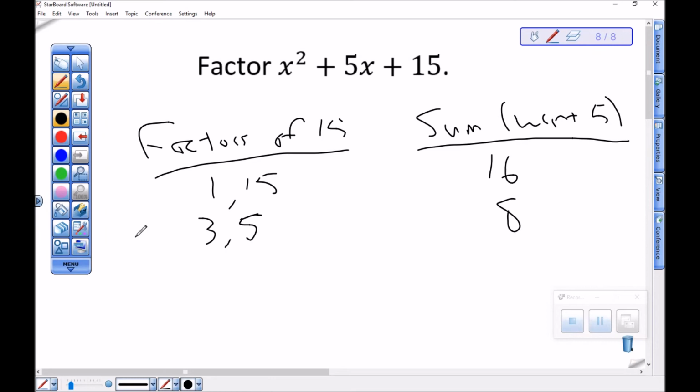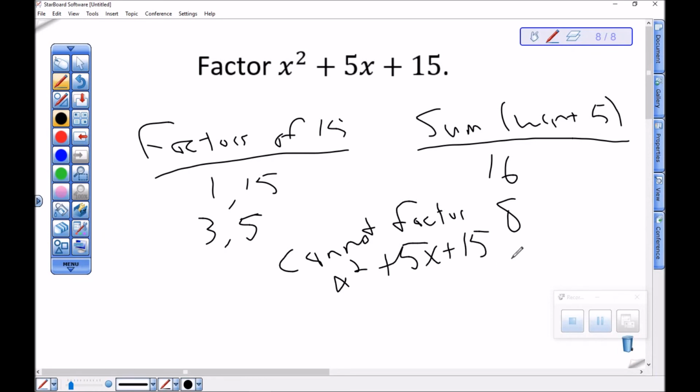Since I was not able to find a pair of factors that added up to 5, I cannot factor this polynomial. So I cannot factor x squared plus 5x plus 15, at least not over the rational numbers, which is what we're really talking about doing here.